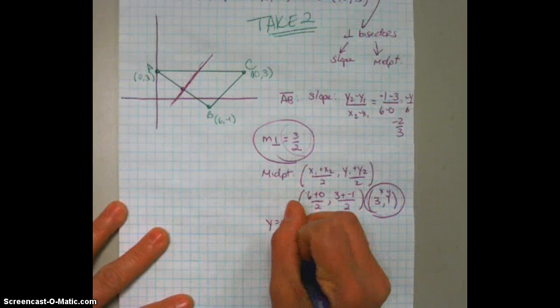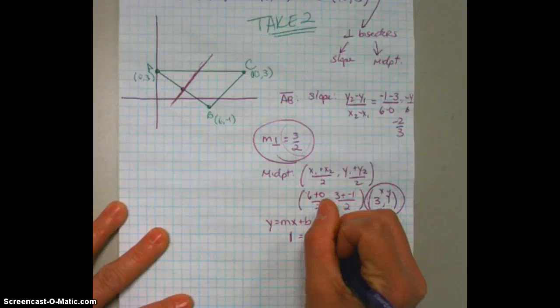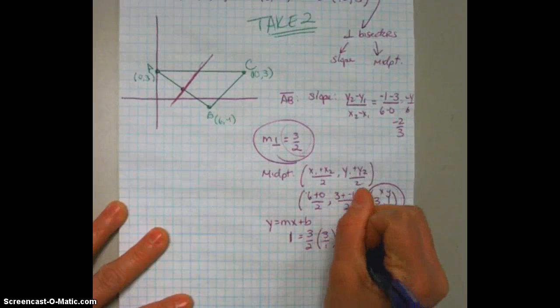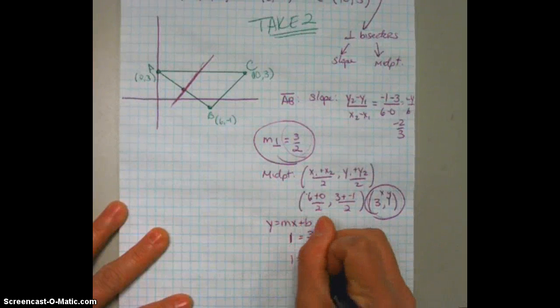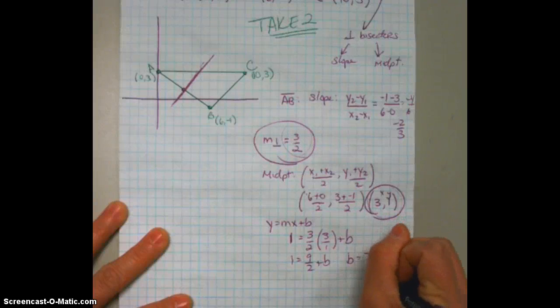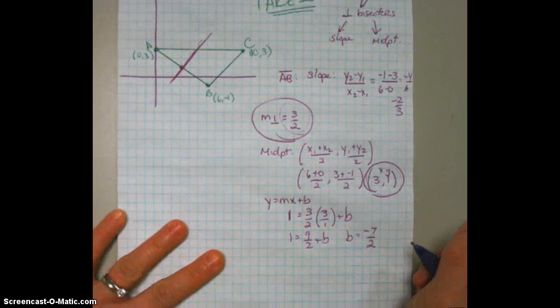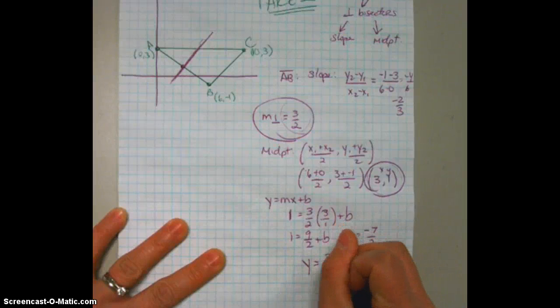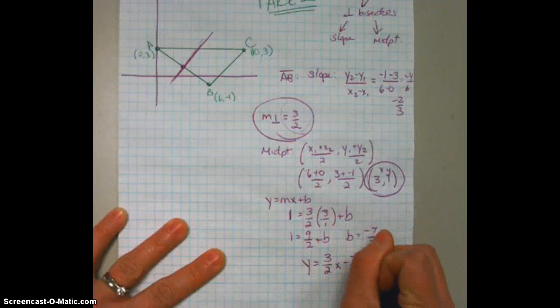So we get 1 equals 3/2 times 3 plus b. So 1 equals 9/2 plus b. So b is going to equal -7/2. So the equation of this perpendicular bisector is y equals +3/2 x minus 7/2.